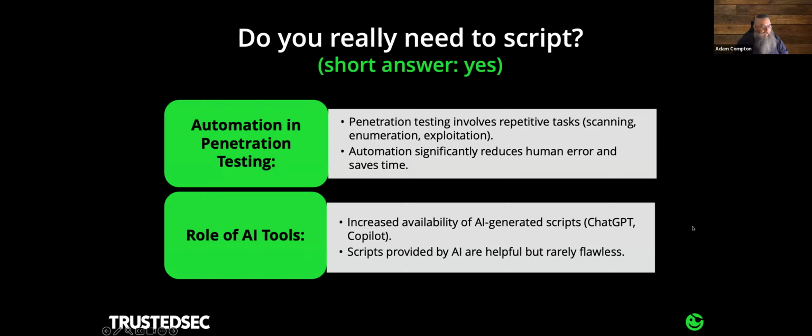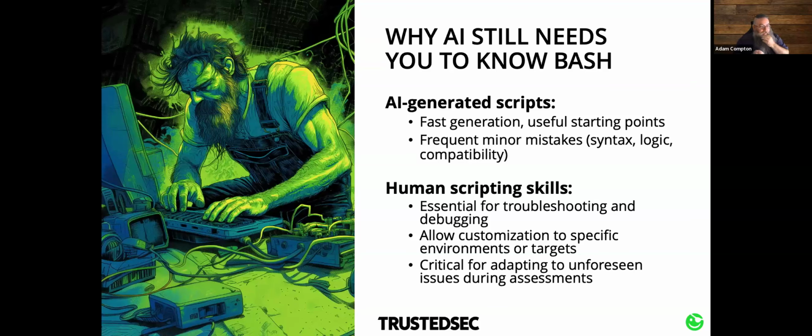The role of AI. Can you use AI to generate scripts? Yes. Are they going to work? Probably not. Do you need to know how to script up those things yourself in Bash in order to fix them? Probably. So, Bash and AI, or AI in any coding right now, is great for an idea.